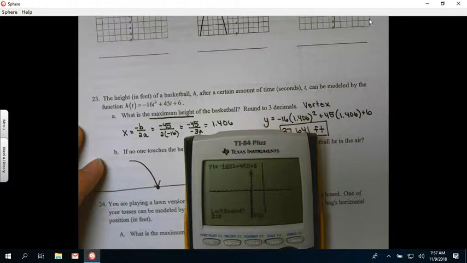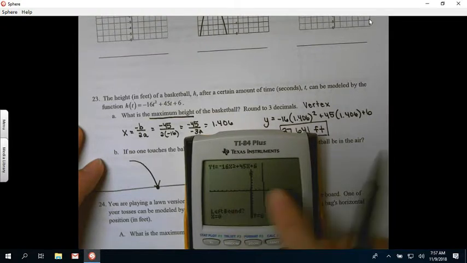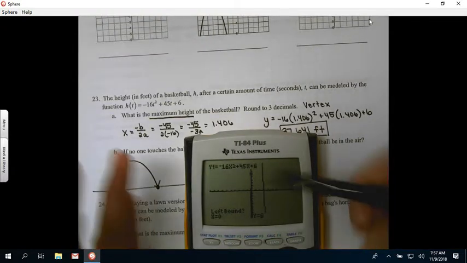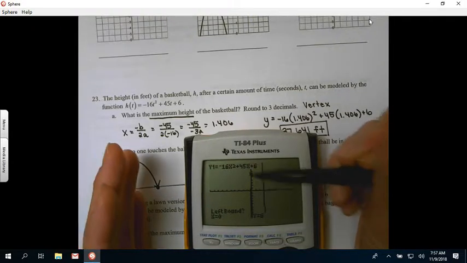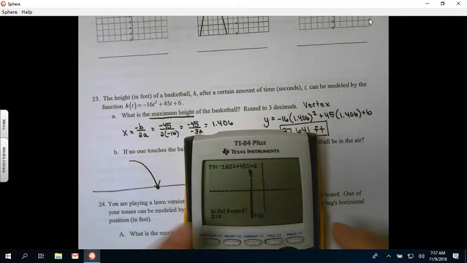If I pick that, left bound just means I want to be on the left-hand side of where it's intersecting. And here's my blinking cursor. Well, I'm on the left-hand side, so I can hit enter. Now it's asking me for a right bound, so I just need to arrow until I can get my blinking cursor on the right-hand side, hit enter.